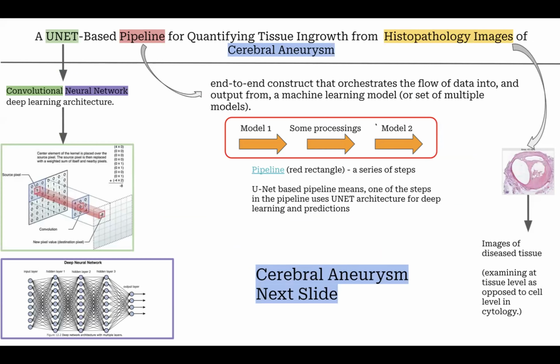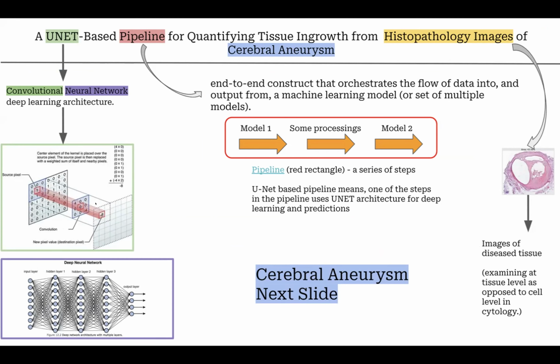So, coming back to my project, I'm using a UNET-based pipeline for quantifying the amount of ingrown tissue from the histopathological images of cerebral aneurysm. UNET is a convolutional neural network. When I say convolutional, it means there is a filter of certain size, and it scans over all the pixels in the image, as shown here, and generates a number.